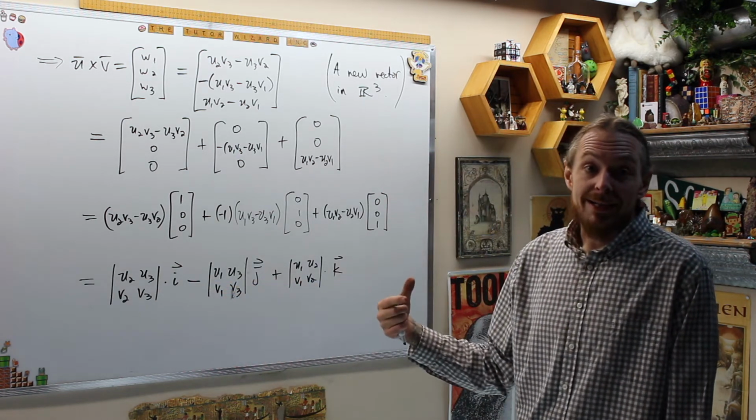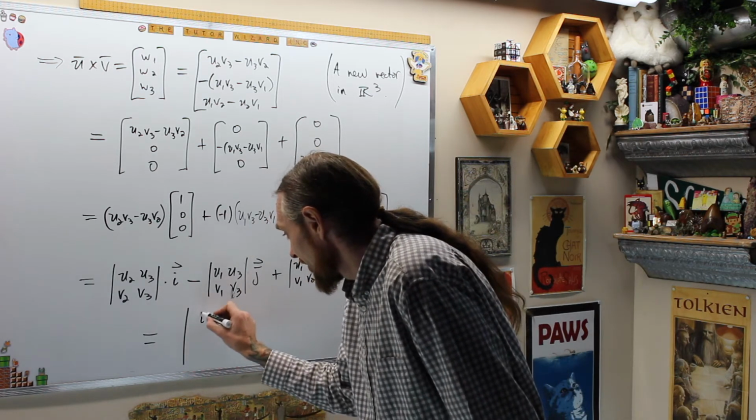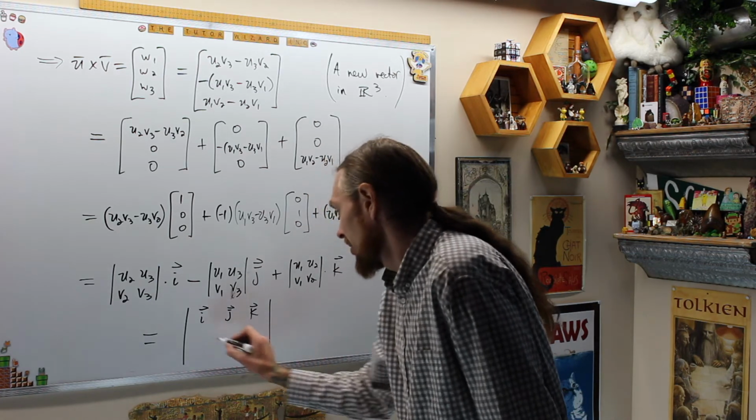That is cofactor expansion along the top row if we view this as a 3x3 determinant with I, J, and K in the top row.